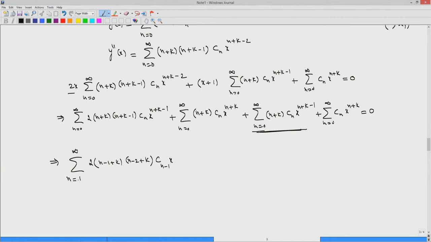If you replace n plus 1, the series starts at n equal to minus 1 and goes to infinity, with c n plus 1 and x power in the place of n, n plus 1. So this will become n plus k.